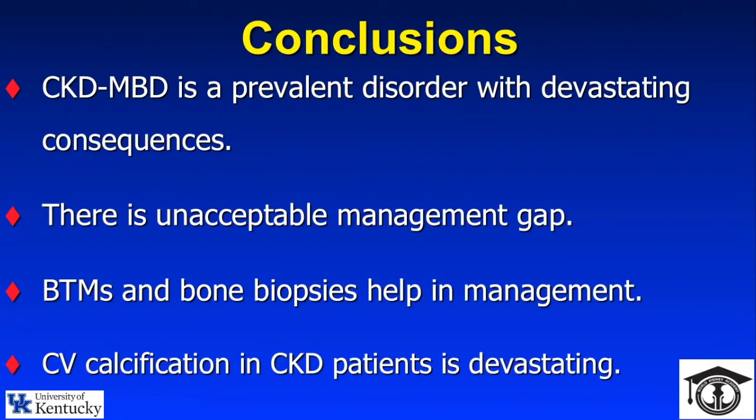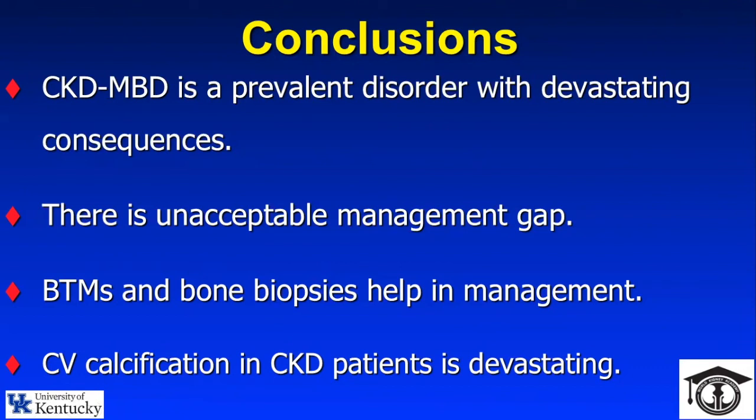CKD-MBD consequences. And there is an unacceptable management gap in our CKD-MBD management. We need to fill it in. We need to intervene early and avoid the long-term consequences and complications. Using the bone turnover markers and sometimes bone biopsy helps in precision medicine and to accurately diagnose our cases.